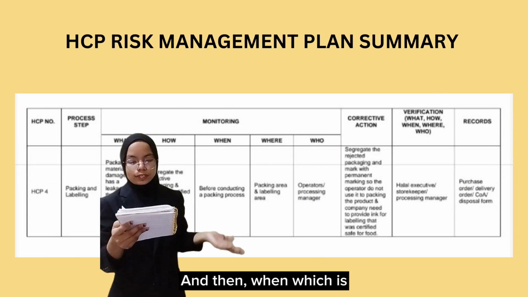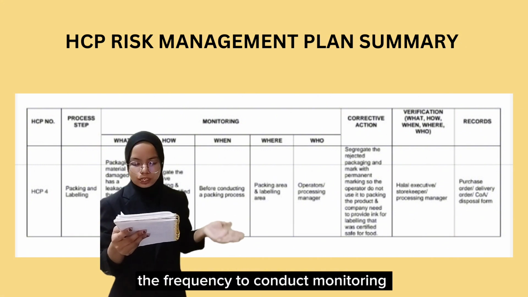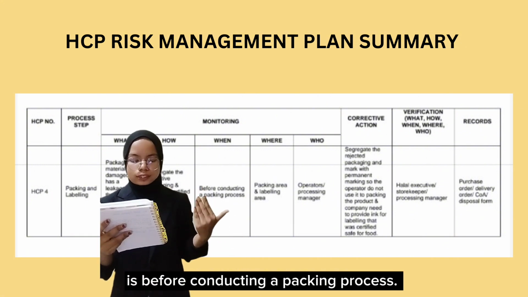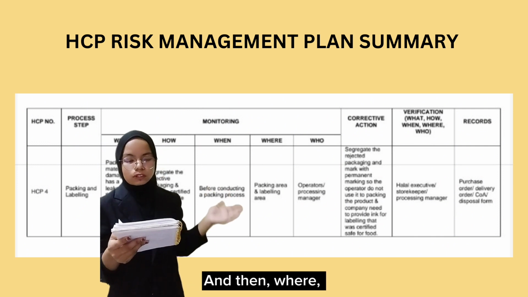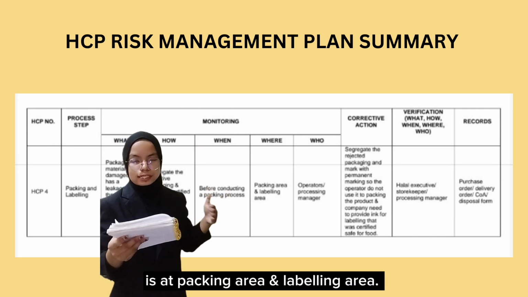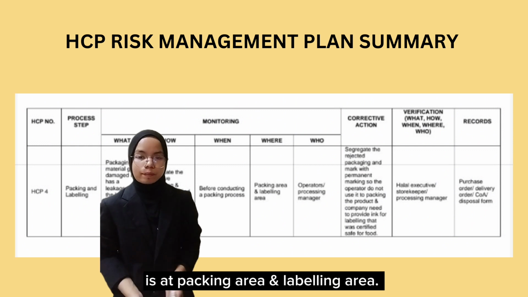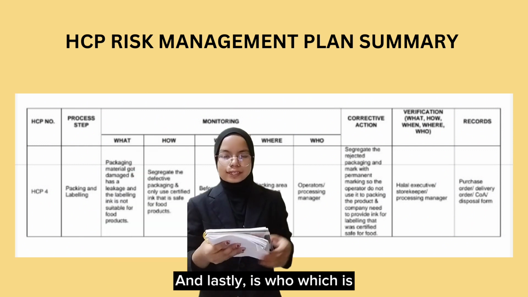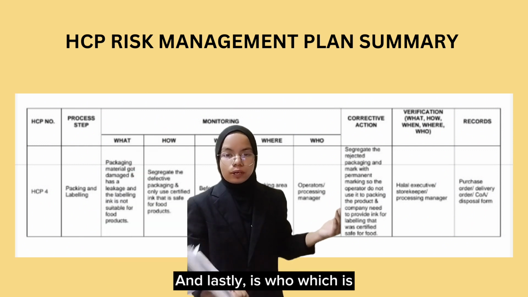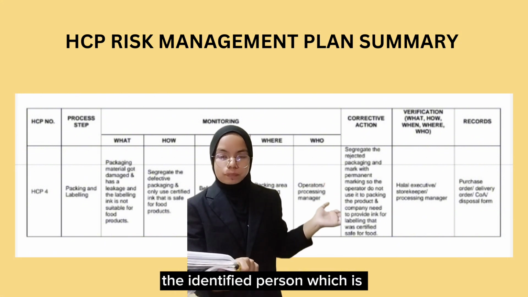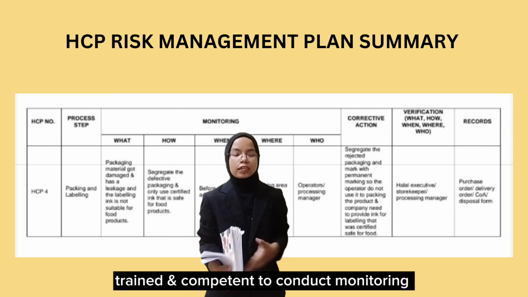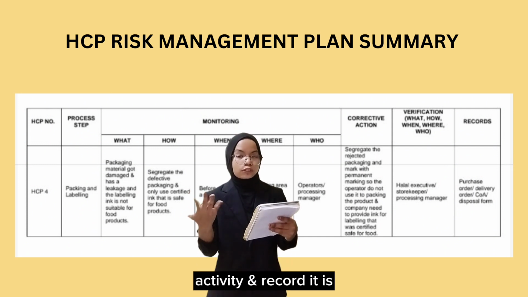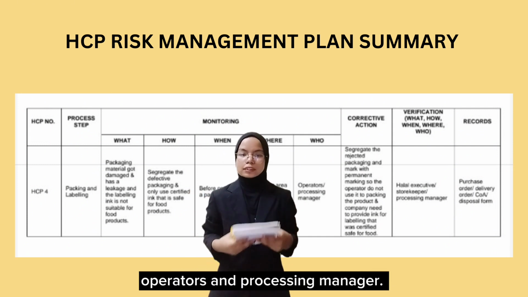When, the frequency to conduct monitoring, is before conducting the packing process. Where, the location to conduct monitoring, is at the packing area and labeling area. And lastly who, the identified person who is trained and competent to conduct monitoring activity and record it, is operators and the processing manager.